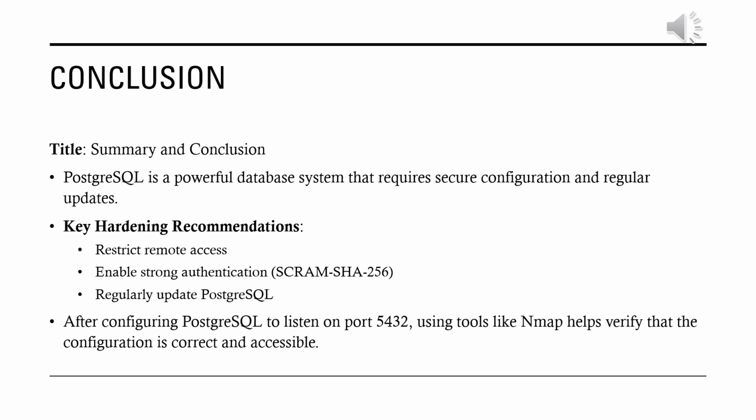Key hardening recommendations would be to restrict remote access, enable strong authentication, regularly update SQL, and then after configuring SQL to listen on port 5432, using tools like Nmap always helps verify that the configuration is correct and accessible, just so that way everyone's able to use it.